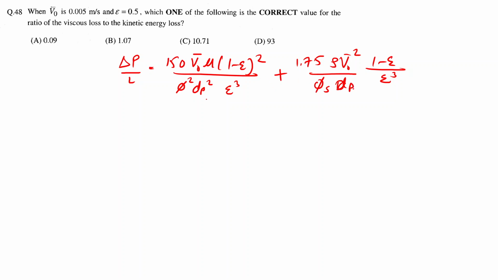So the first term, you can see that the viscosity is present. So the first term we can call as viscous loss. The first term accounts for the viscous loss, and the second term, you can see that we are having the velocity square. So basically that accounts for kinetic energy loss.